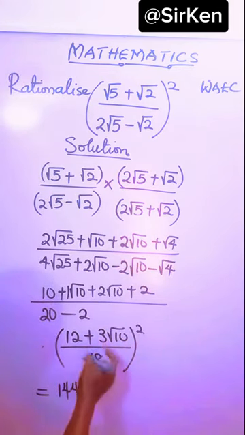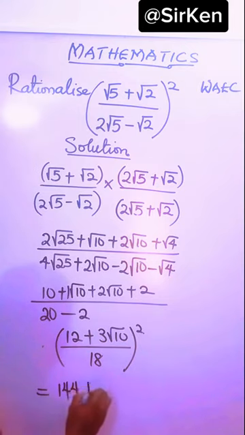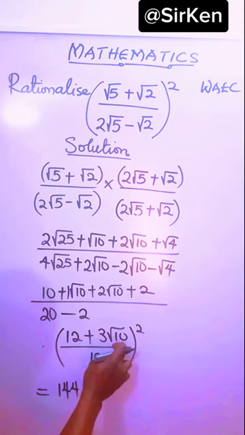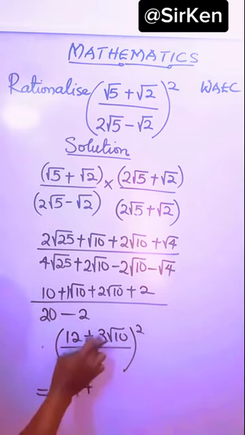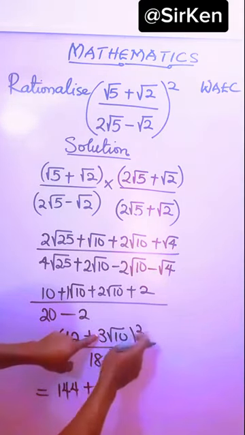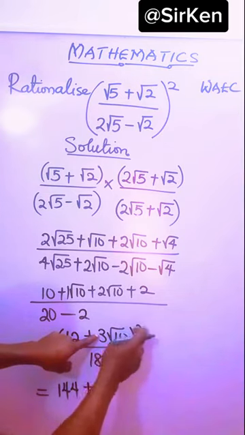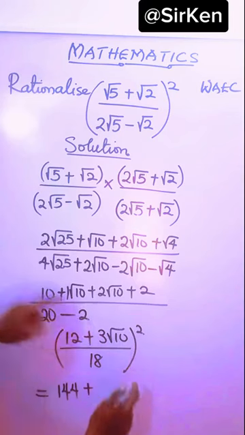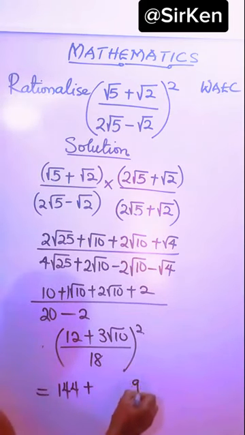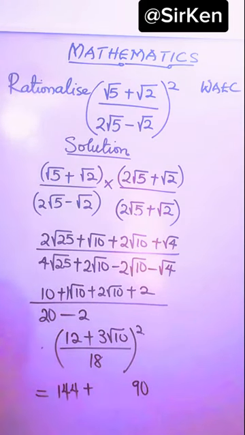Then you give space plus 3 root 10. If you square it, it will be 3 square 9. Root 10 square is 10. 9 times 10 will give me what? 90. Do you understand? Plus 90.